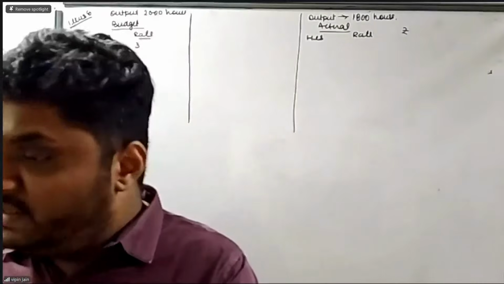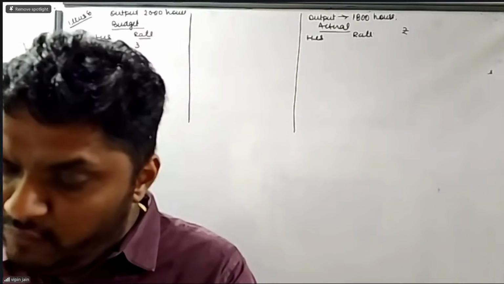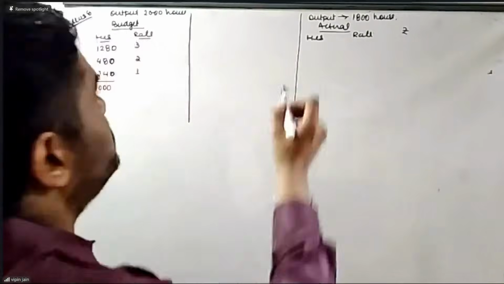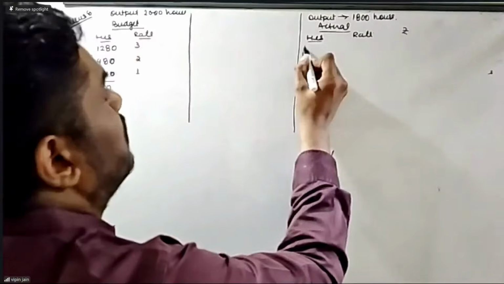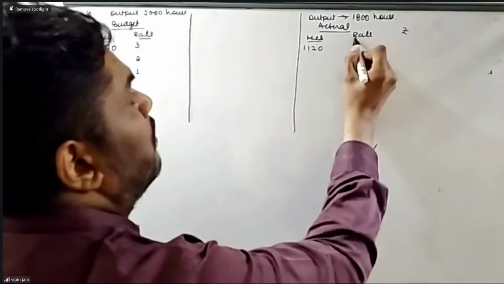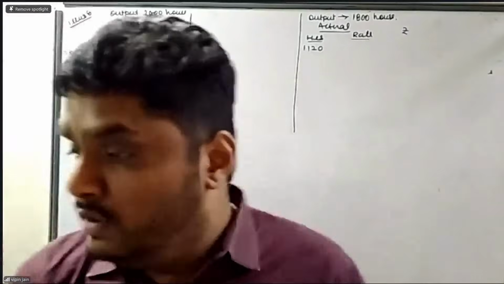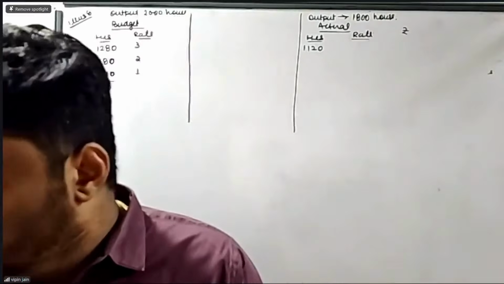Actually, skilled workers were 28 into 40, that is 1120, and the amount they were paid is 4 rupees.